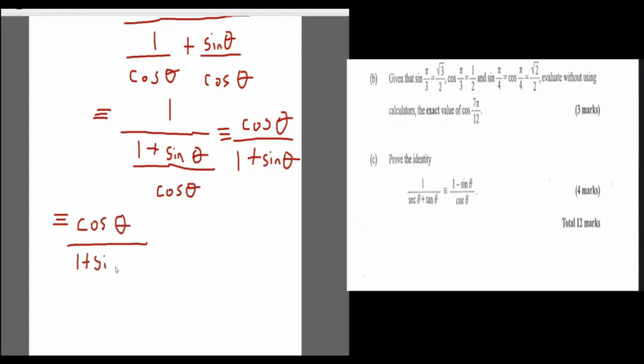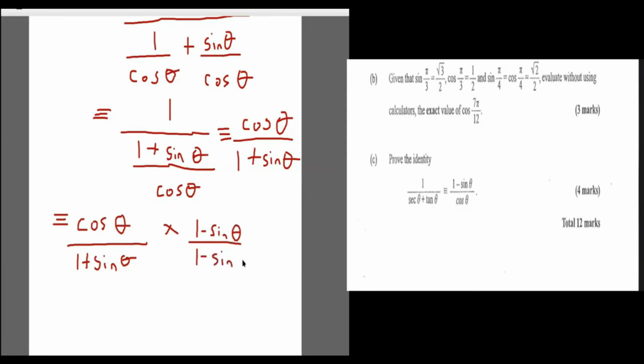If we multiply by the conjugate of the denominator, which is 1 minus sine theta over 1 minus sine theta, look at the magic that happens.